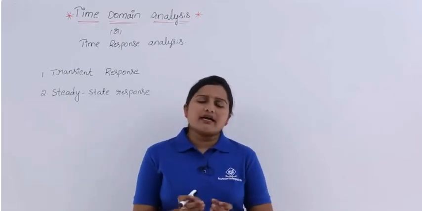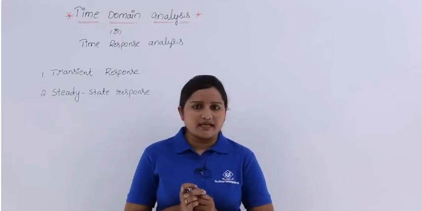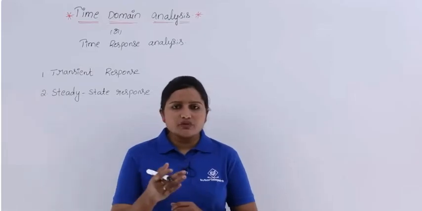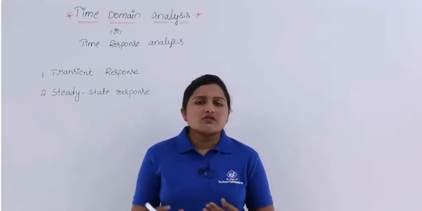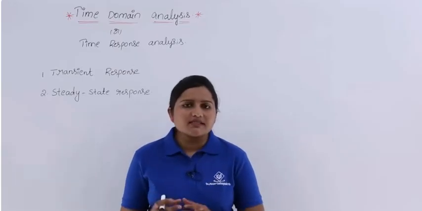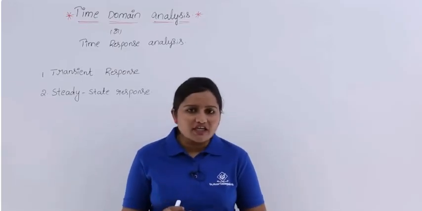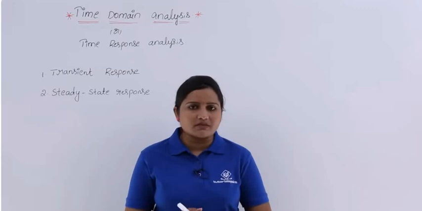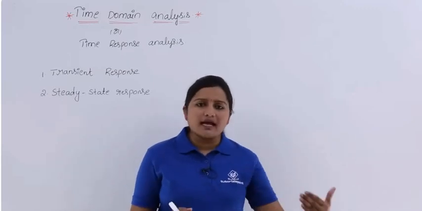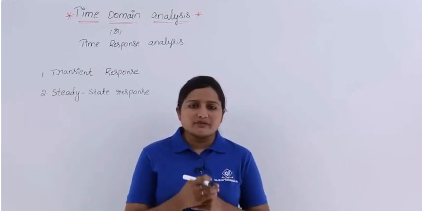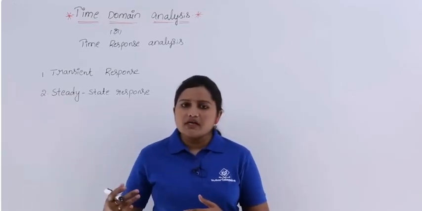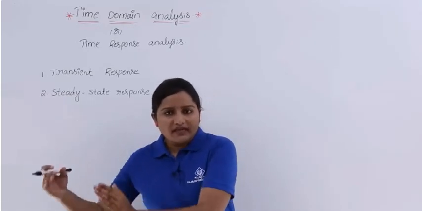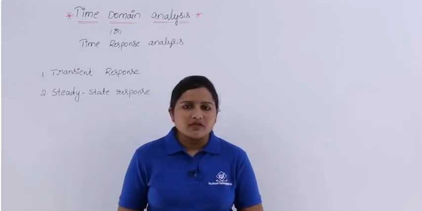Then what is meant by time response analysis? Response is nothing but the output of the system. So time response analysis is the variation of the output of the system with respect to time. That means if time is varying, what is the variation of the output of the system?